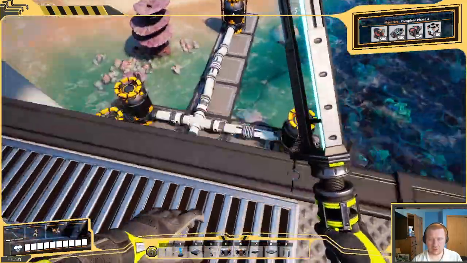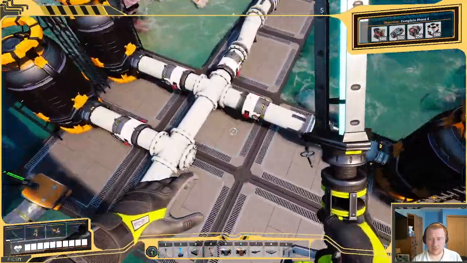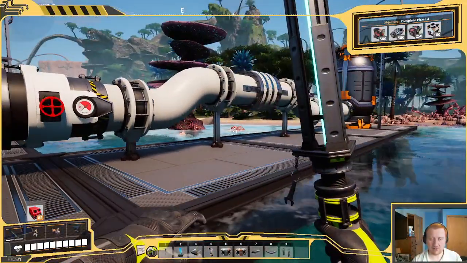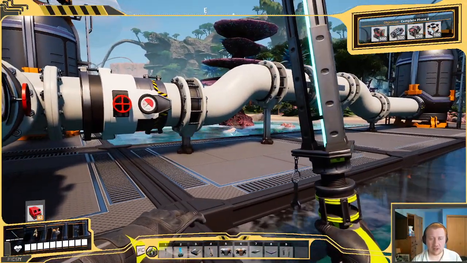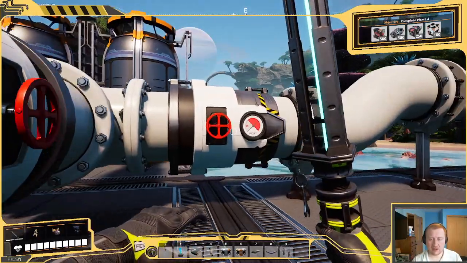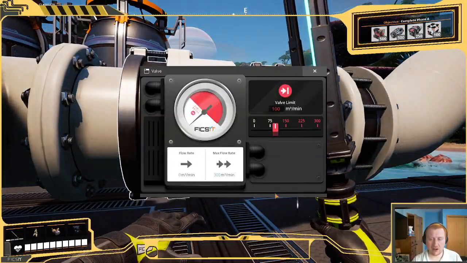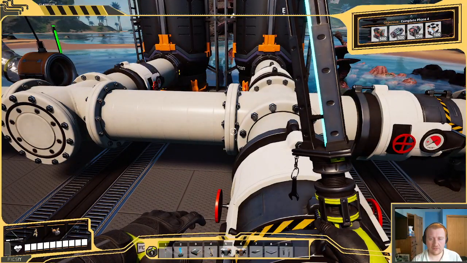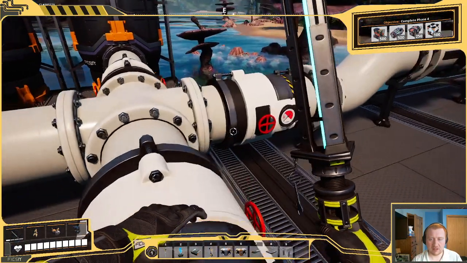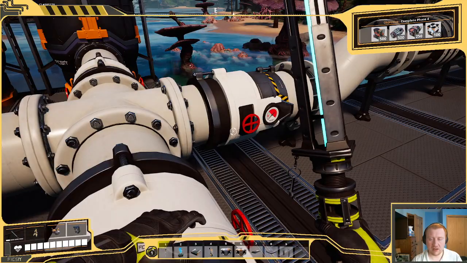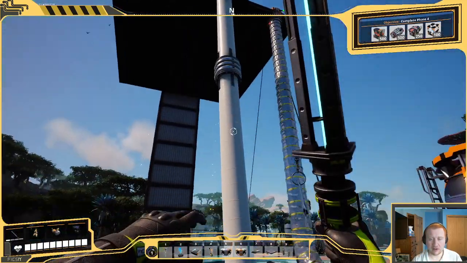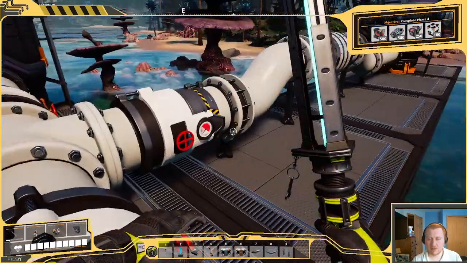So on the output here, I've got what is known as a reverse U-bend set with an output limiter of 100. So that means that I have a total of 150 plus 100, which is 250 total out of 300 possible, which is fine.